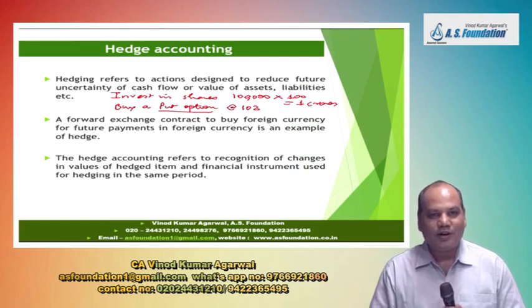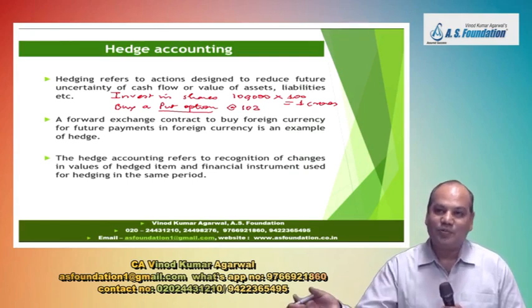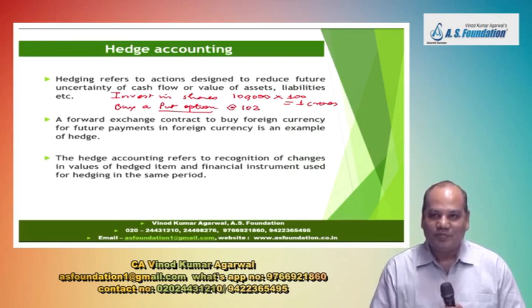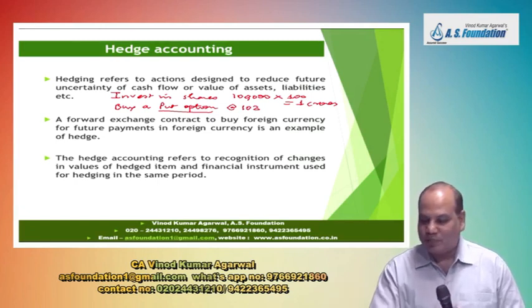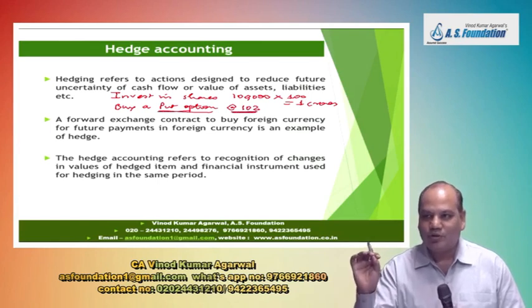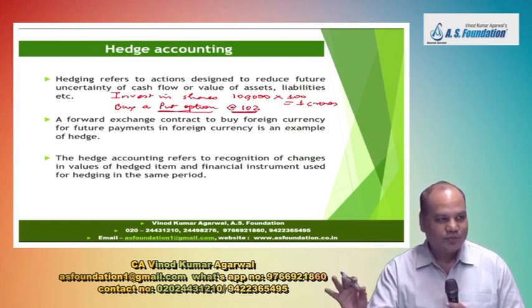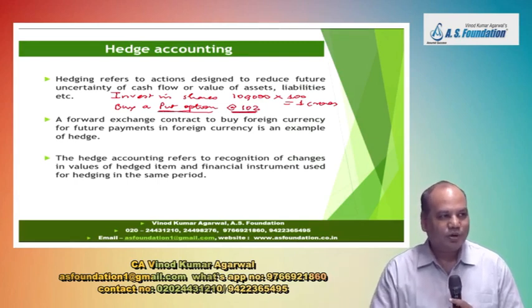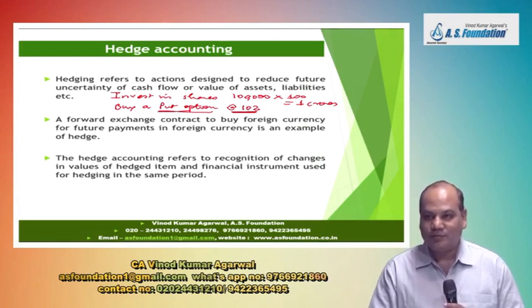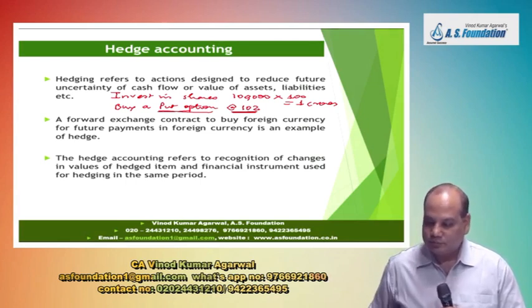So you're guaranteed 102 rupees. But if the market price is suppose 150 rupees, you will let your put option lapse and sell in the market at 150 rupees. So by buying a put option, you ensured in this example that you will not suffer a loss. Either you will get 102 or more than 102, but not less than 102. So that is also a hedging instrument.